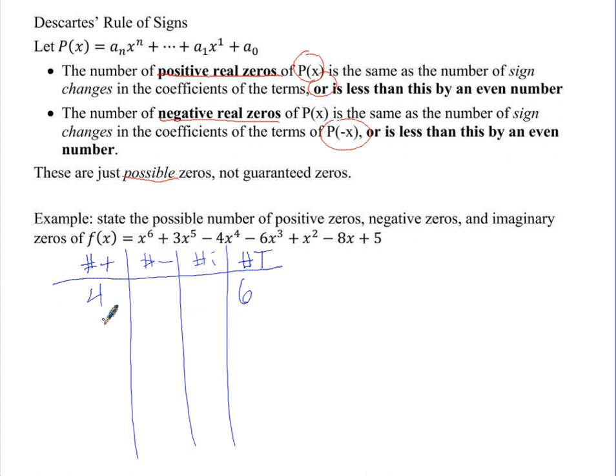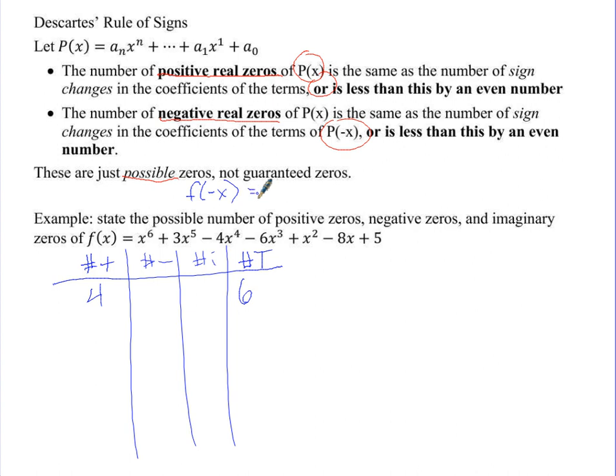Now I need to find the possible number of negative sign changes. In order to do that, I have to find f of negative x, which means I'm substituting in negative x everywhere that I see x. Use parentheses.